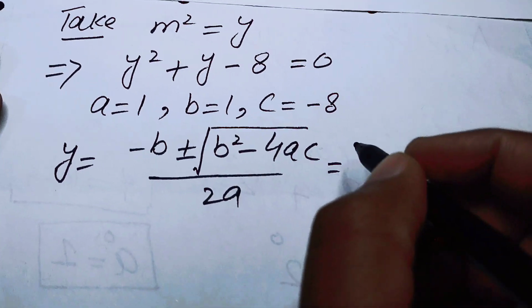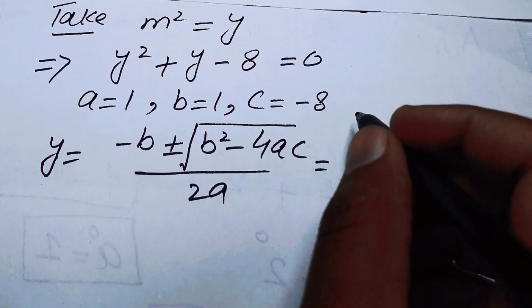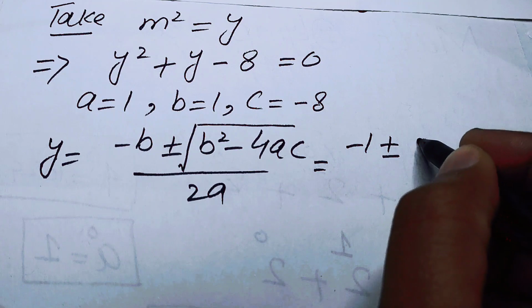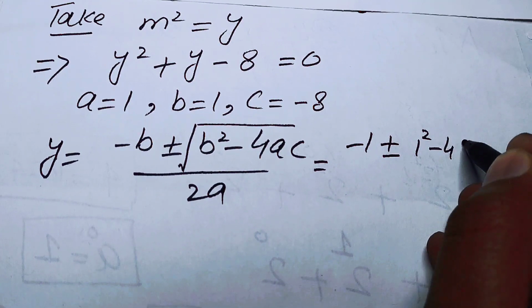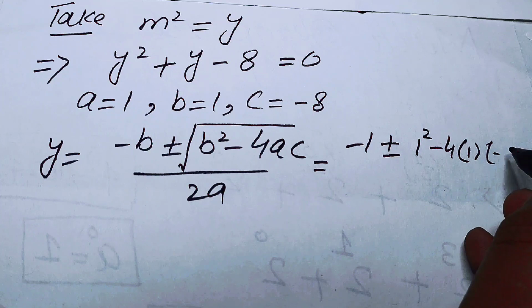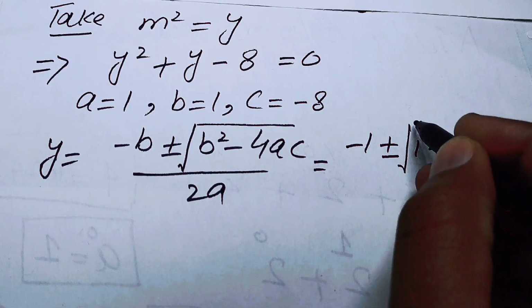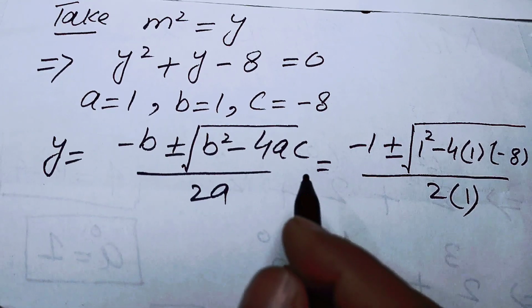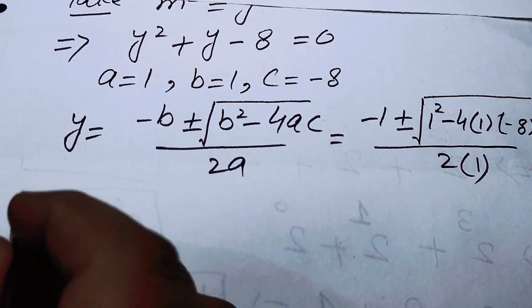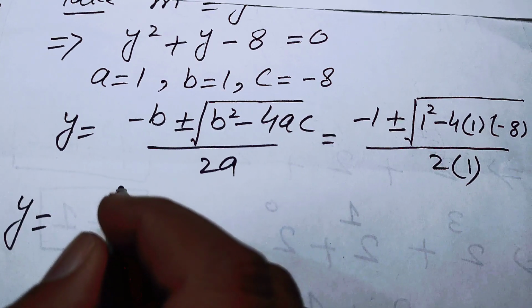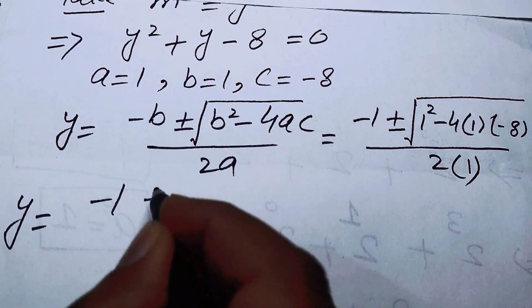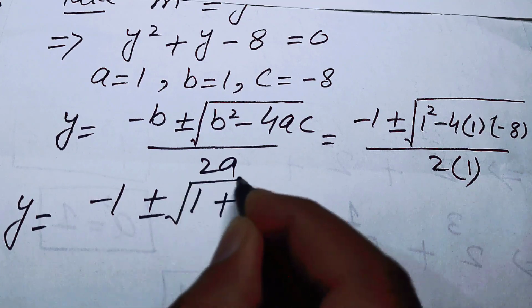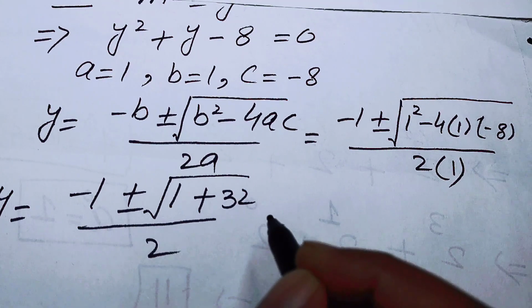Substituting the values of a, b and c, we obtain minus 1 plus or minus the square root of 1 square minus 4 times 1 times minus 8, over 2 times 1. Simplifying, we find y as minus 1 plus or minus the square root of 1 plus 32, over 2.